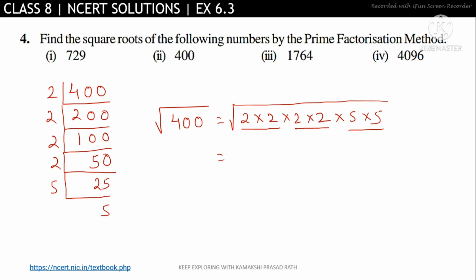While taking our square root, from each pair we will take out the prime factor. So 2 into 2 will get out 1 2 here. Again out of this pair another 2. Again out of this pair we get 5. So 2 2s are 4, 4 5s are 20. So the square root of 400 is equal to 20.